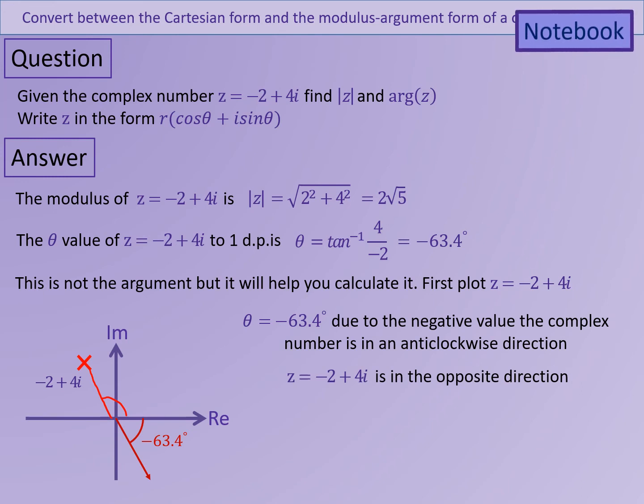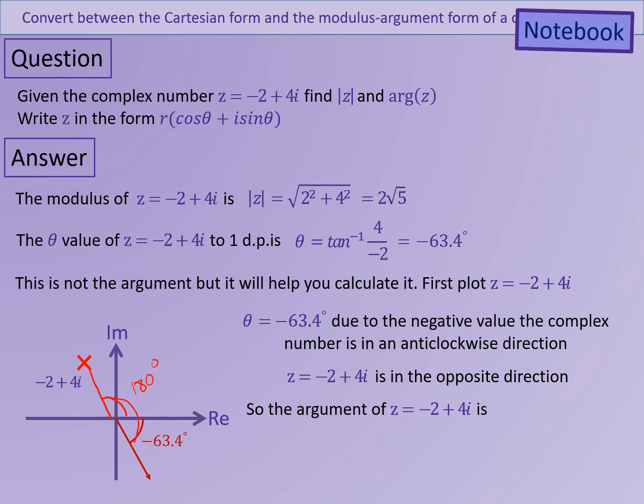Okay, so by drawing a diagram, you've highlighted that that is not actually going to be the answer. We need to do a little bit more calculation to work it out. However, we can use the fact that because it's the exact opposite direction, those two lines make 180 degrees. So altogether, those two angles combined make 180 degrees.